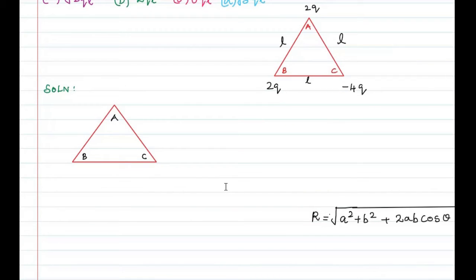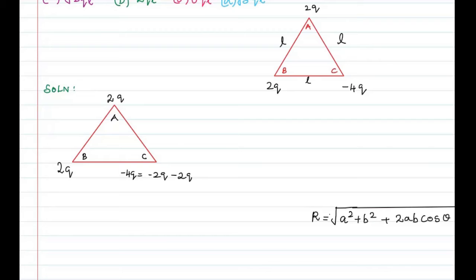So first you have to find the electric dipole pairs. So 2Q, and this minus 4Q can be written as minus 2Q, minus 2Q. Minus 2Q and minus 2Q is nothing but minus 4Q. So just pair these.